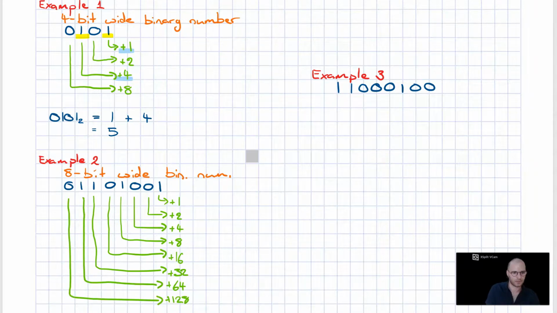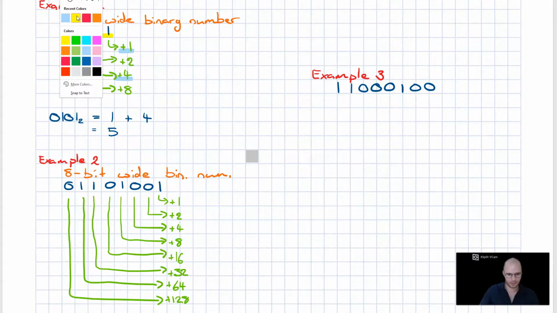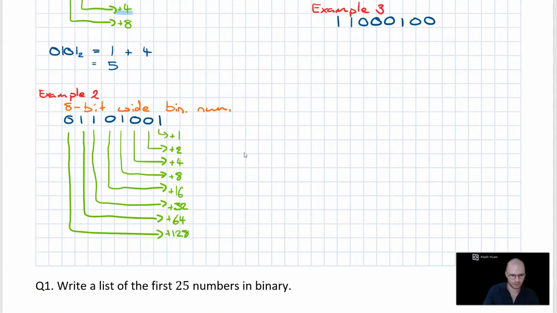Next step, I'm going to get my highlighter and highlight all of the numbers that are 1. Once I've highlighted them, I'll follow the arrows down and go plus 1, plus 8, plus 32, plus 64.